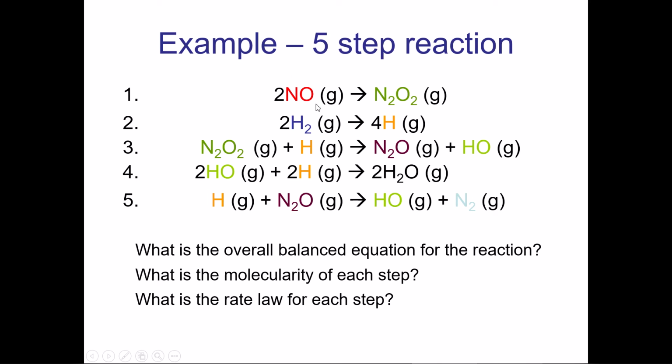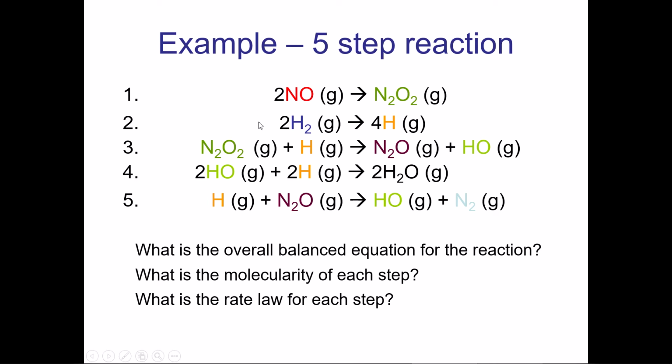So I need two molecules of NO to collide in order to make a much more complex N2O2. So this would be A plus A, in this case NO plus NO, to make our product. So our rate law would indicate the bimolecular reaction as rate is equal to k times NO squared.